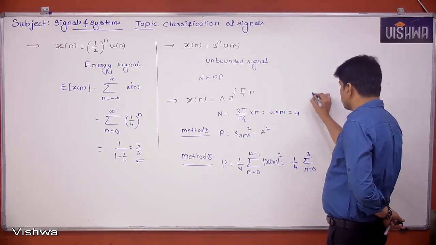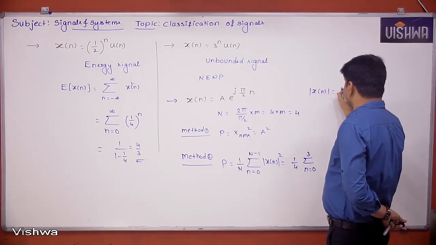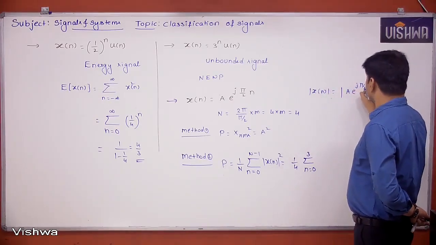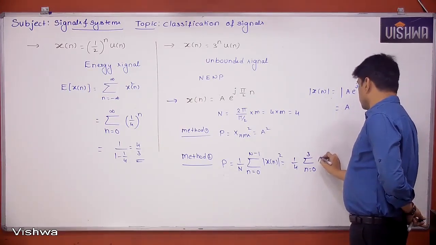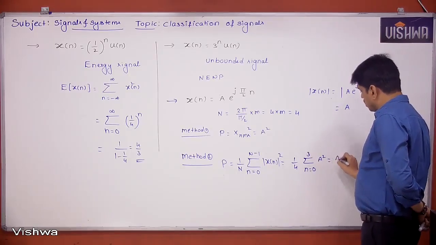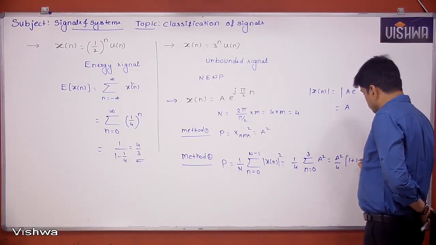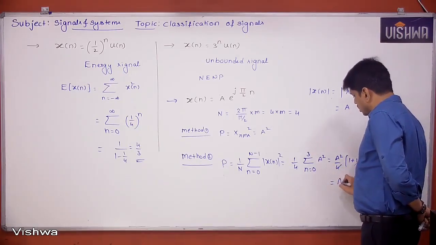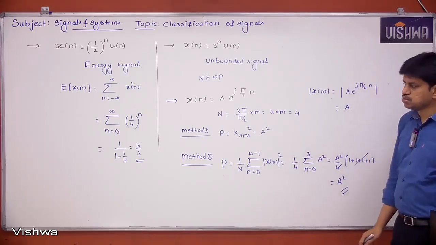What is the modulus of x of n? Which is mod a e power j pi by 2 n, which is nothing but a. So a square, so I can say 4 a square by 4. We have to write a square for 4 times, and the 4 gets cancelled. Finally this is also a square. In this way we can calculate it. Understood? Take it.